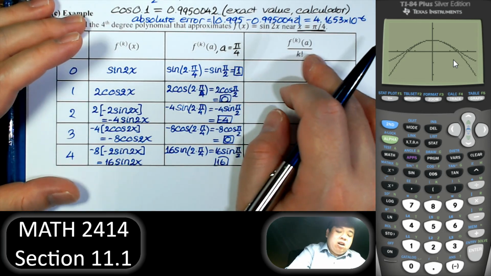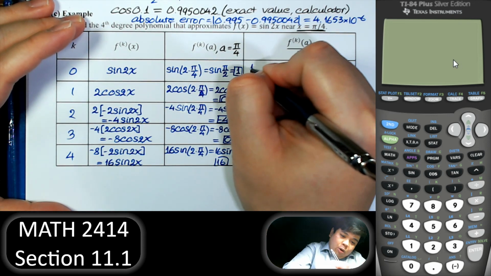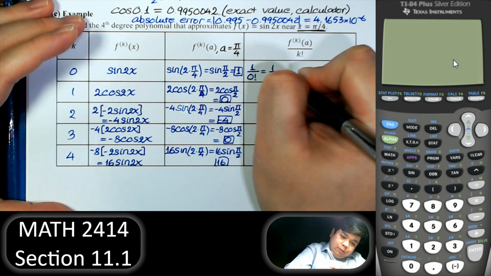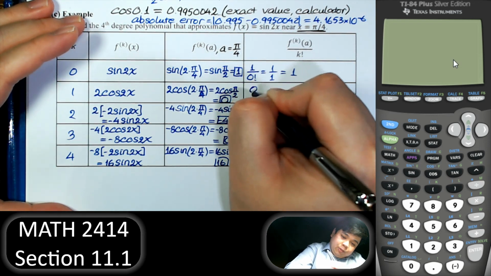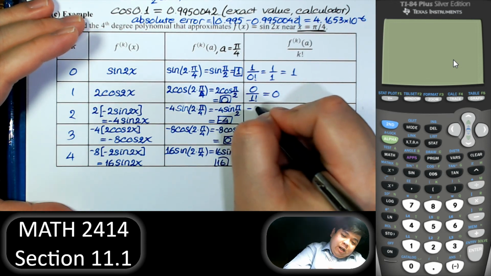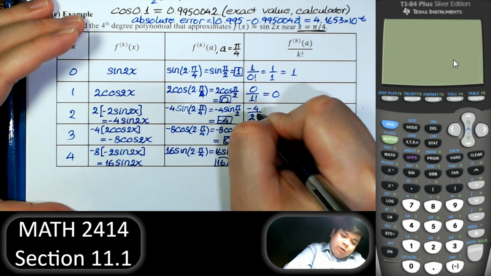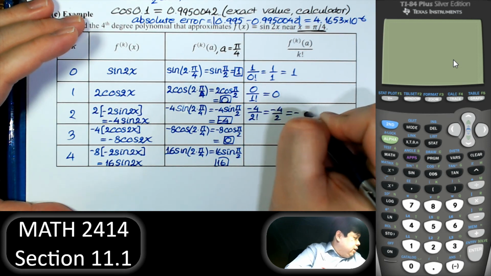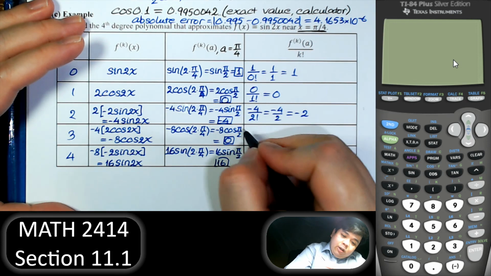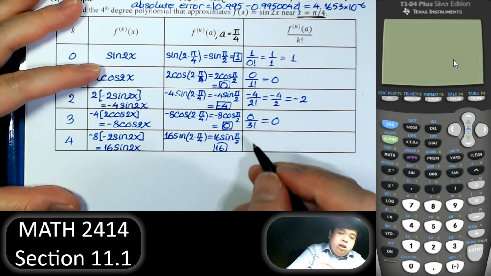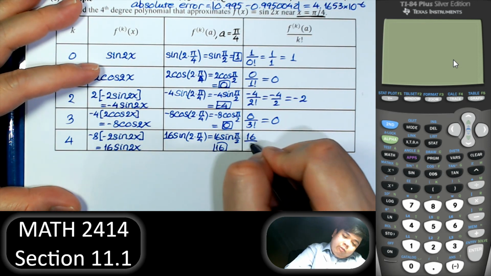We're going to divide by the factorial. 1 divided by 0 factorial, which is 1. 0 divided by 1 factorial, still 0. Negative 4 divided by 2 factorial. 2 factorial is 2, so I have negative 2. 0 divided by 3 factorial, doesn't matter, still 0. 16 divided by 4 factorial.